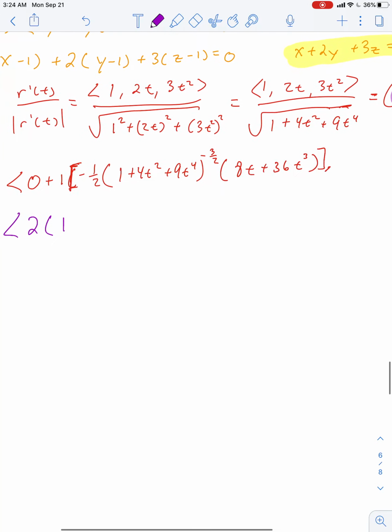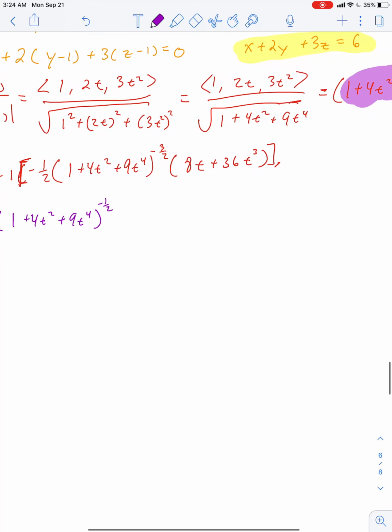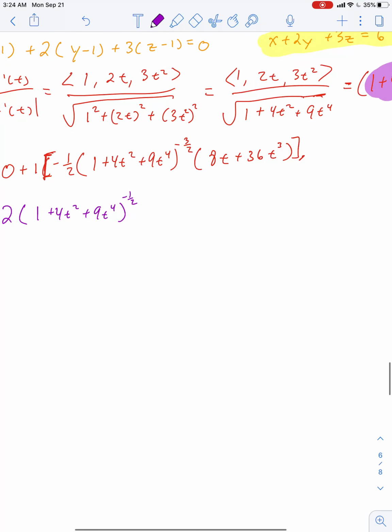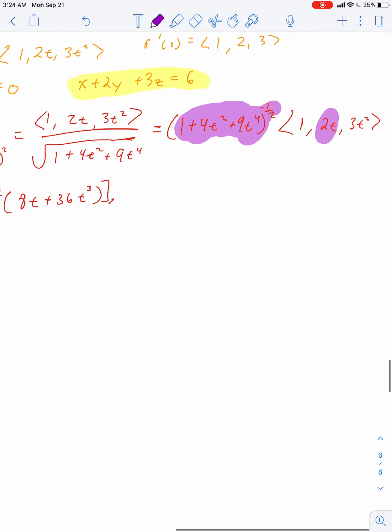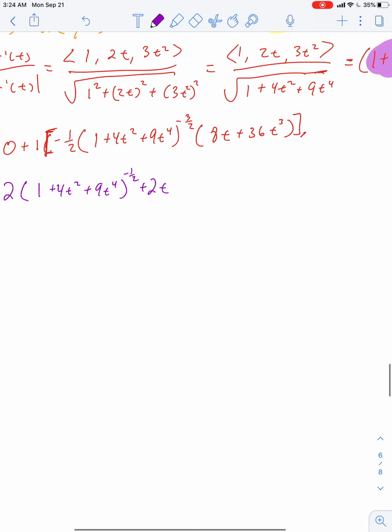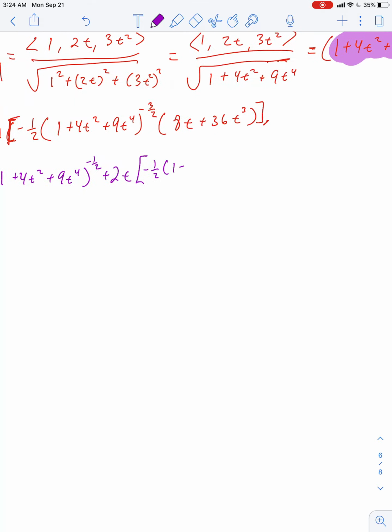So I have 2 times all that jazz over there, which is going to be (1 + 4t² + 9t⁴)^(-1/2). And then times 2t, so plus 2t times the derivative of all that, (1 + 4t² + 9t⁴)^(-1/2), which, you know, I've already done.